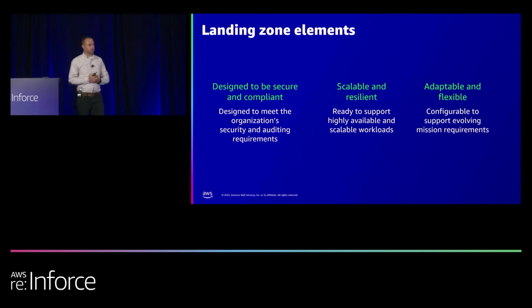So what are the elements of the landing zone? It's designed to be secure and compliant. What does that secure baseline look like? What is that consistent experience across multiple regions, multiple availability zones, even multiple environments? And then as you're bringing new customers, new mission owners, and new capabilities into your environment, how does that scale?